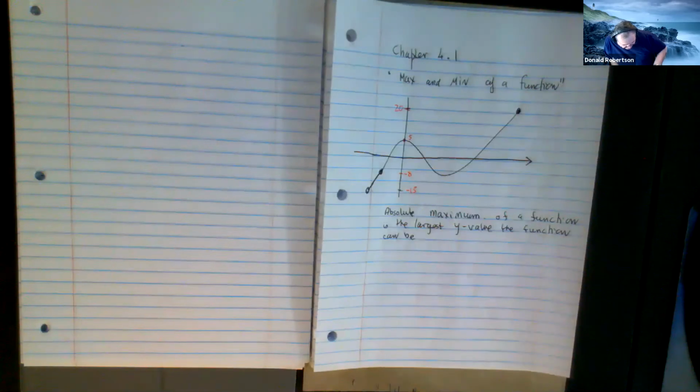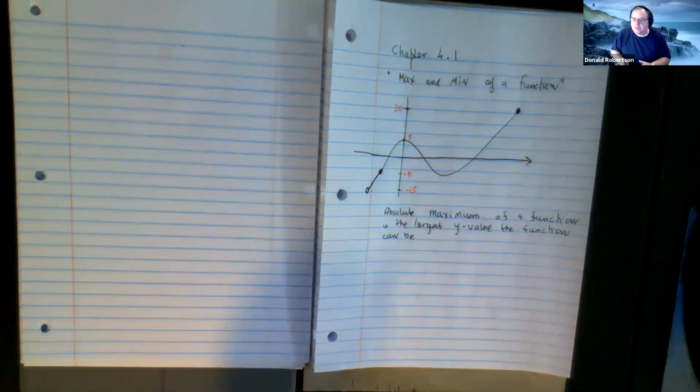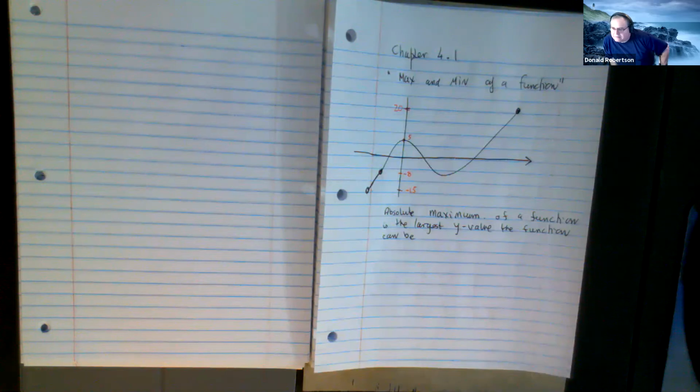So in this question here, would you agree that the absolute maximum is 20, right? This isn't a function that continues either side. This is a function that starts one place and goes to the other, right?